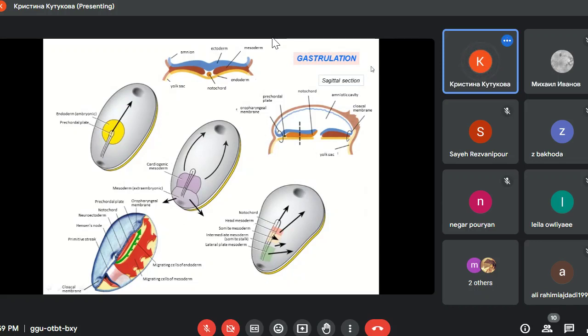The result of the second stage of gastrulation is the appearance of 3 layers of the embryo: ectoderm, mesoderm, and endoderm. The same is here: ectoderm, mesoderm, and endoderm. The embryo itself is here. It is covered with amnion, and below it is the yolk sac.